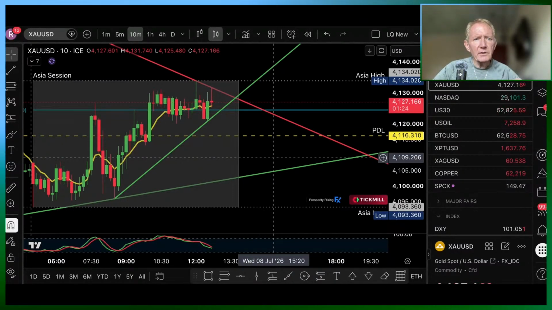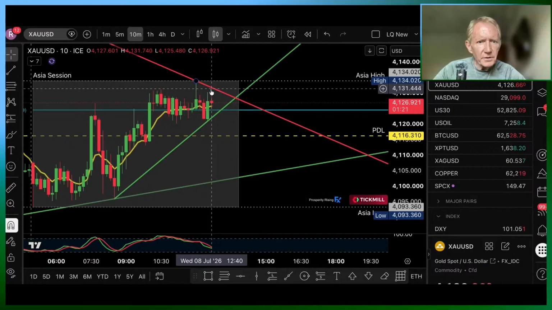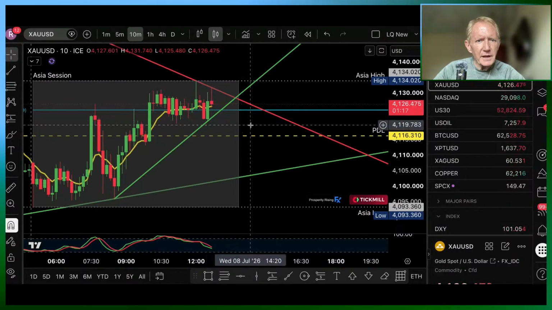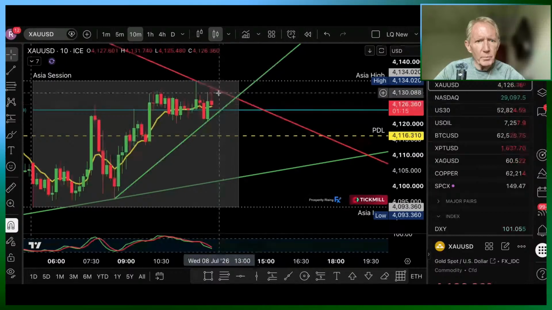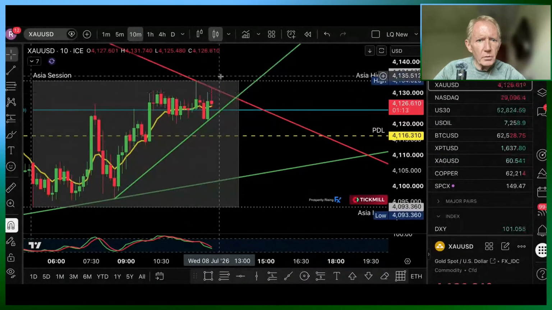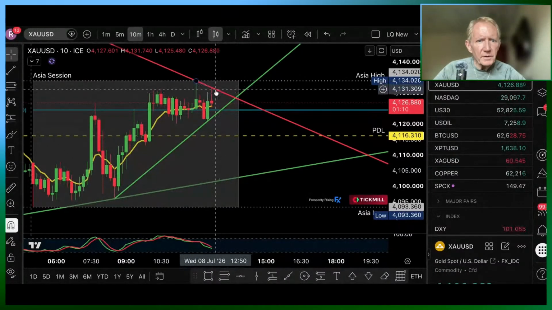Now here's where you could have taken a bounce. Sometimes I will take the bounce trade. This trendline strategy, you can work it both ways. If it breaks above and closes above, you go long. Or if it bounces off of that and starts to come down, then you can go short.